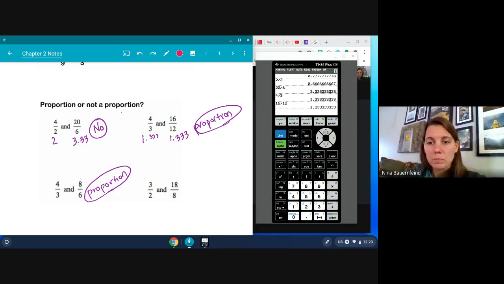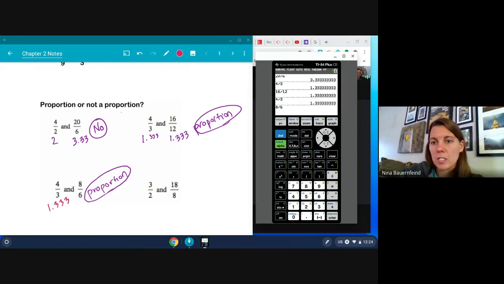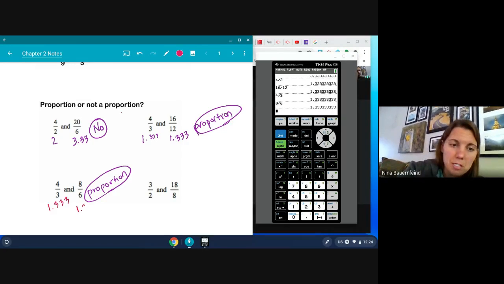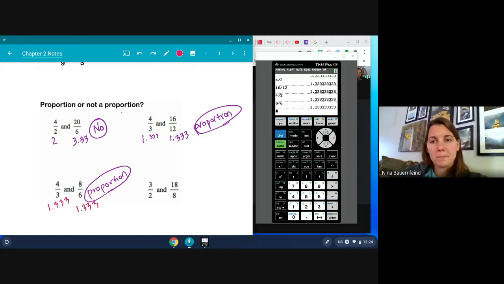Okay. So just in case anyone's curious where our proportion came from, this one also happens to equal 1.333. And then 8 over 6 equals 1.333. That's just a coincidence that these two are the same. It's not always 1.333.